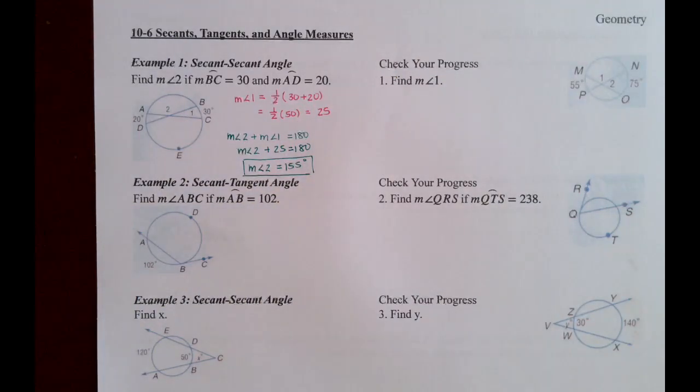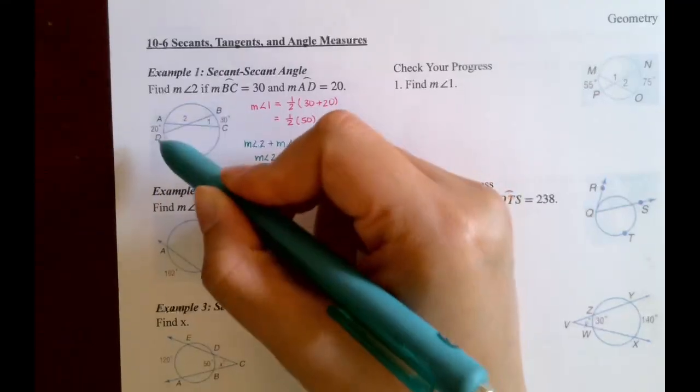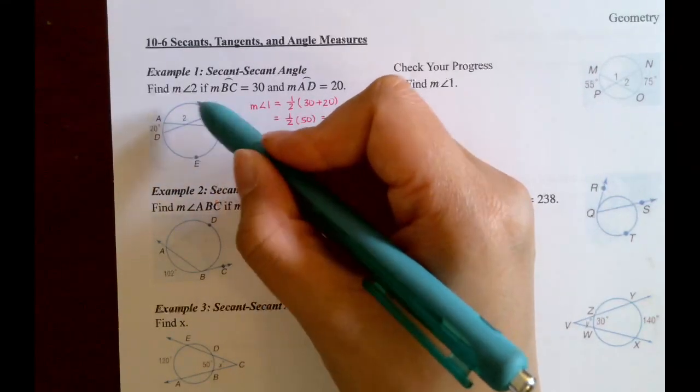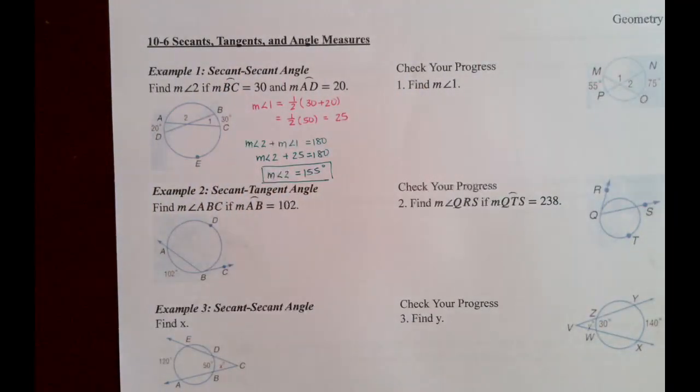The book shows you another way, and you can do it that way as well, but for me, this way was easier. The book knows that angle 2 is half of this arc and this arc, so that would be 360 minus this and this. That's the other way to do it.